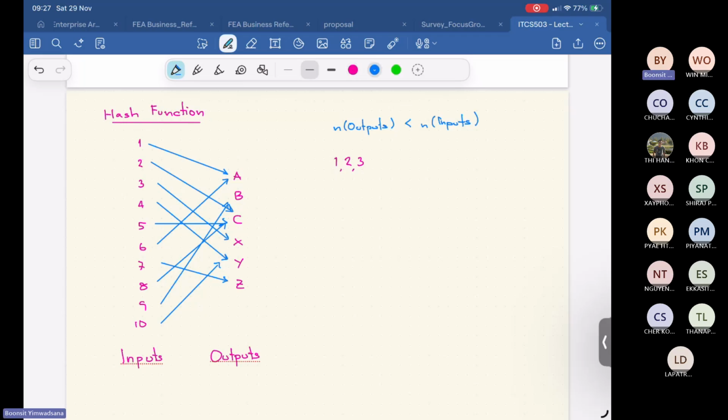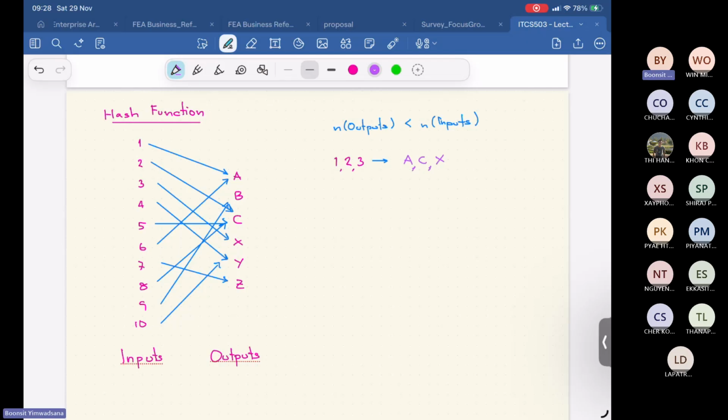When we actually encrypt it using the hash function, what do I get? Even though this rule is known to anyone, this is going to be encrypted into letter A, C, and then X.